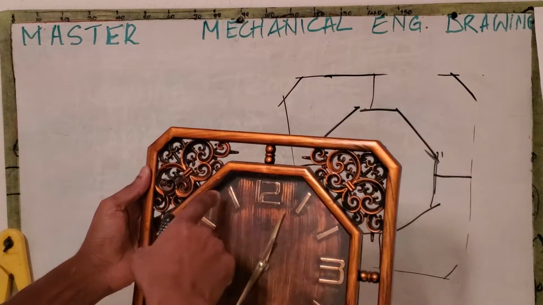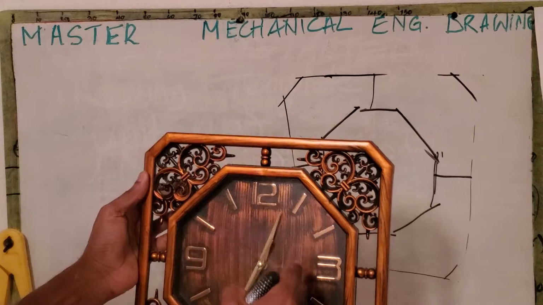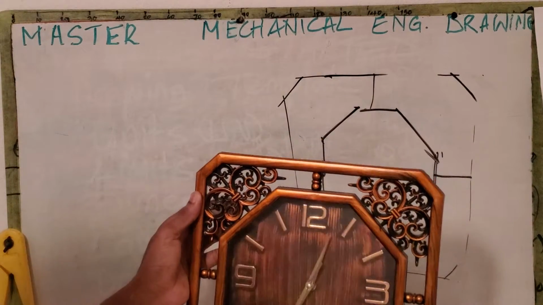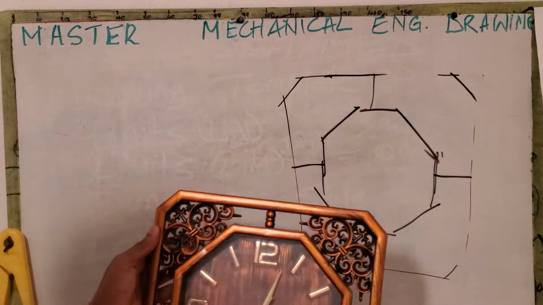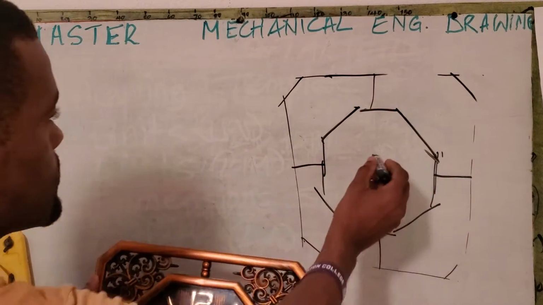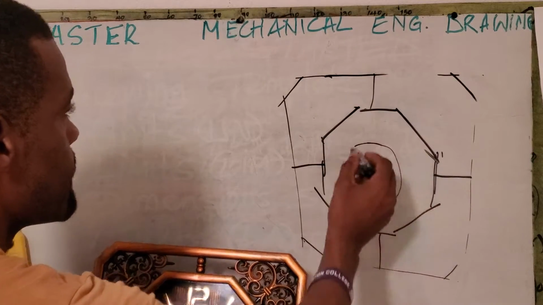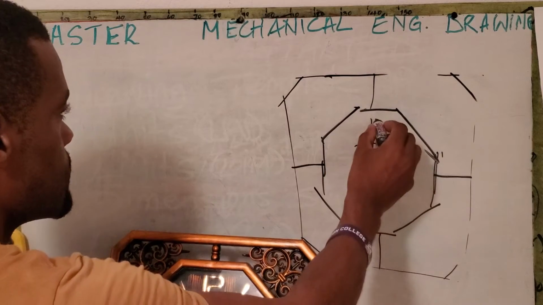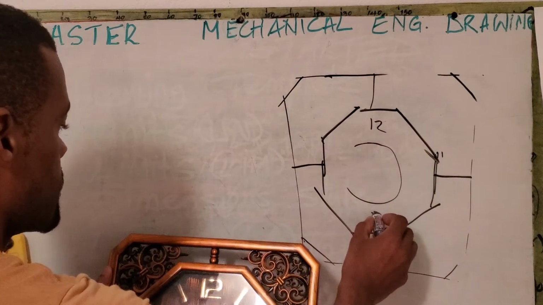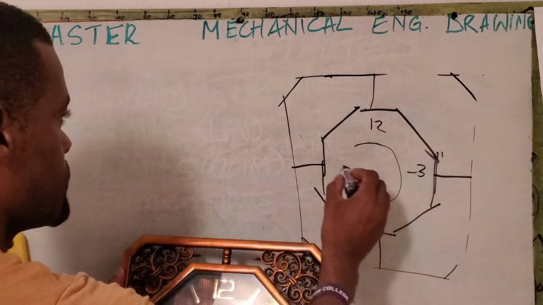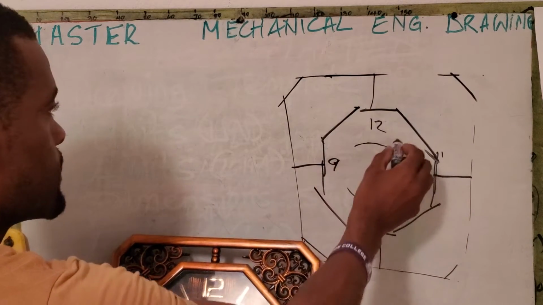Also, we have a dial inside here. It's 12 increments. And here we have a circle with those 12, 1, 6, 3, 9.